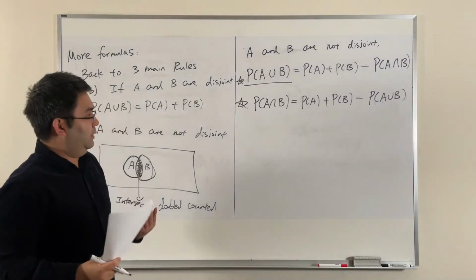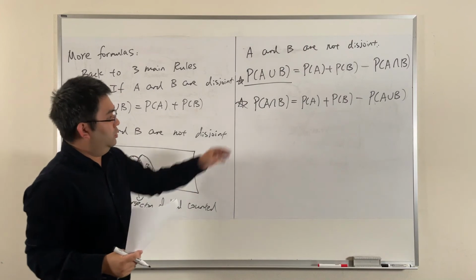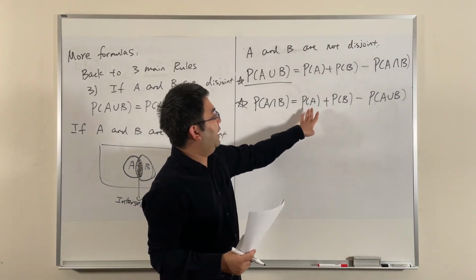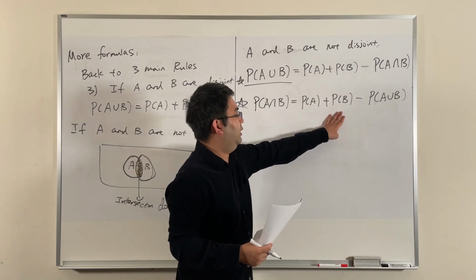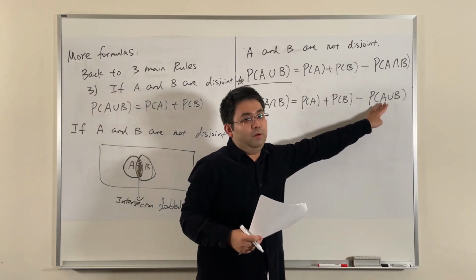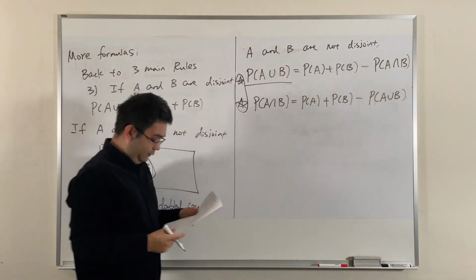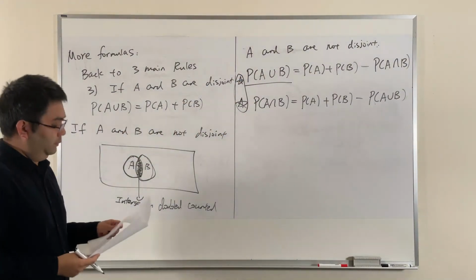But as you can see, now you'll be able to calculate the intersection probability by having probability of A, probability of B, and the probability of the two union. So these two are very important formulas here.